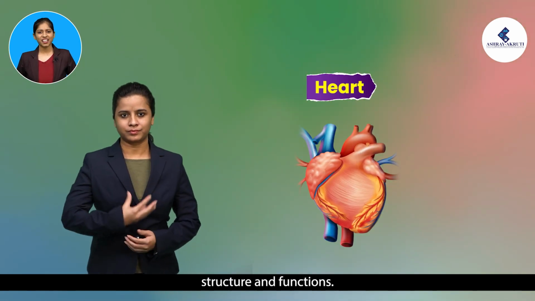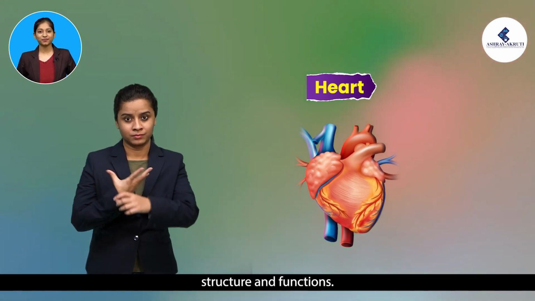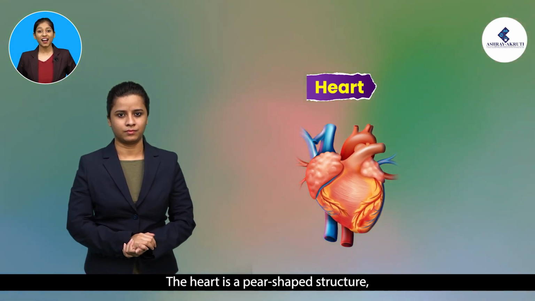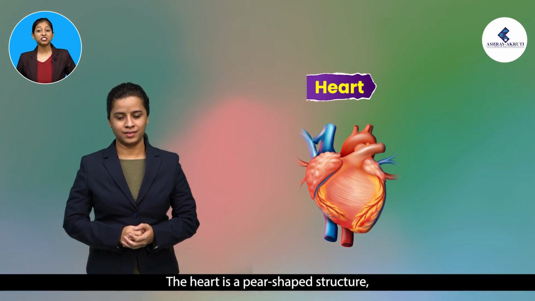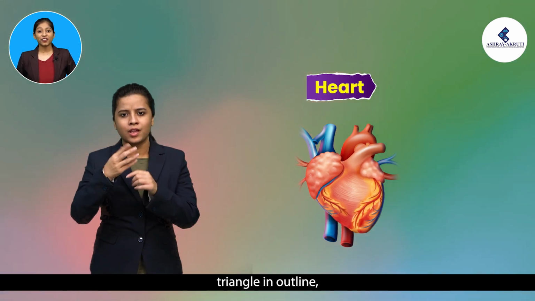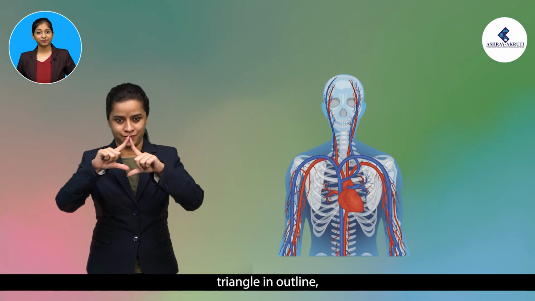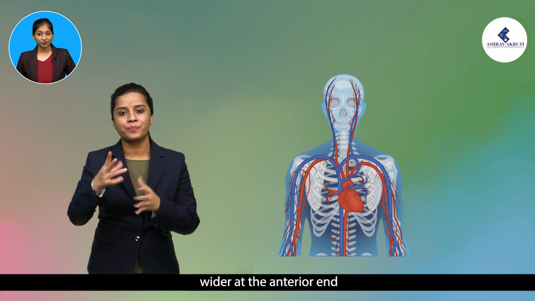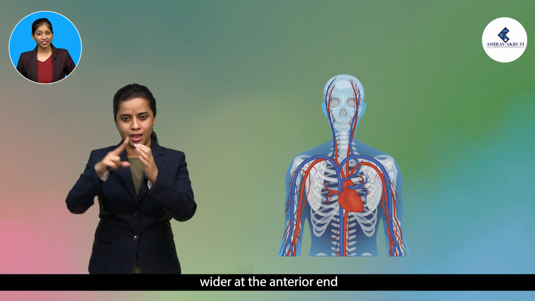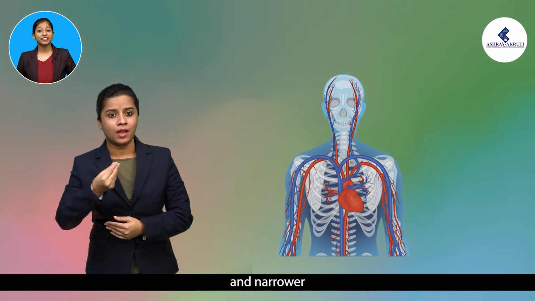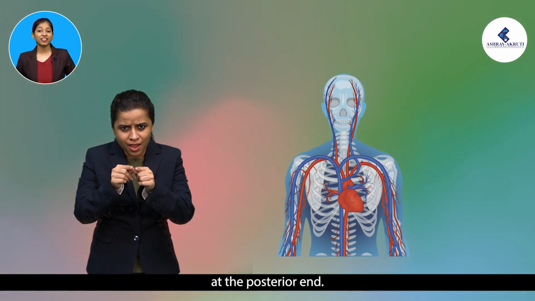Heart. Structure and functions. The heart is a pear-shaped structure, triangular in outline, wider at the anterior end and narrower at the posterior end.